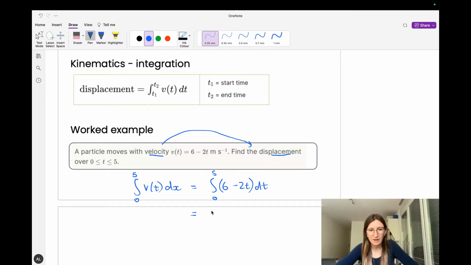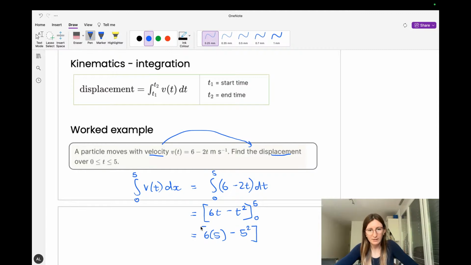So let's see, what do we have? That's going to be 6t minus t squared, because I'm going to get 2 and divide by 2, so that just cancels out. I don't need to plus c because it's a definite integral. So I do put my brackets to show that I do have those boundaries. And I'm going to substitute 5: 6 times 5 minus 5 squared.